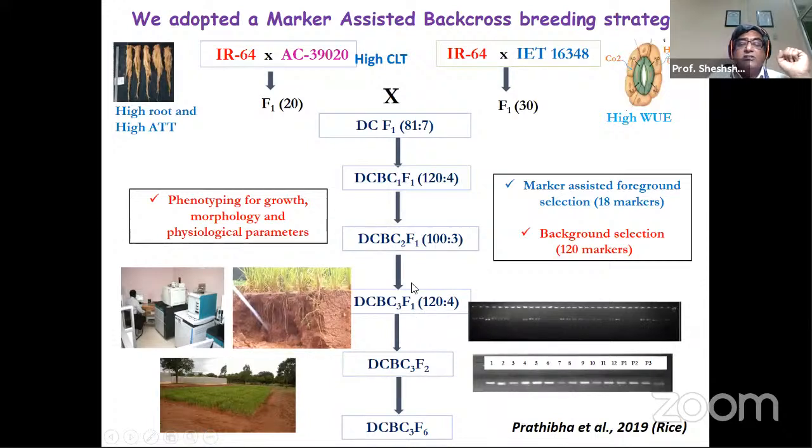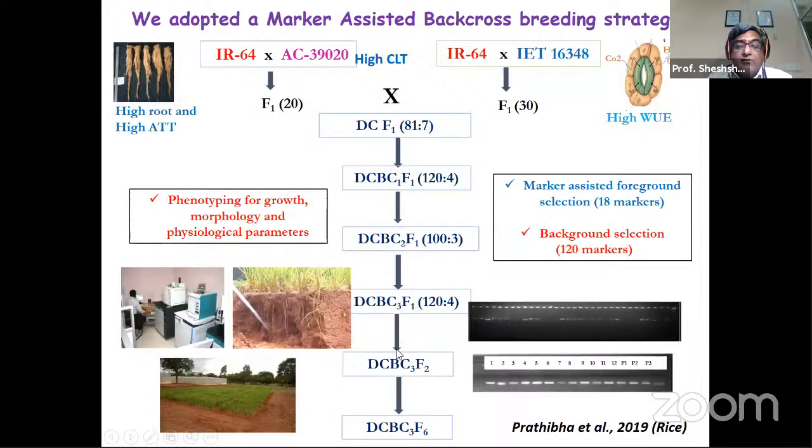And at the BC3 F1 stage, we also did a background selection to identify how much of the genome from IR64 we had recovered. By the time we came to this stage, about 88 to 92% of the IR64 genome had been recovered.